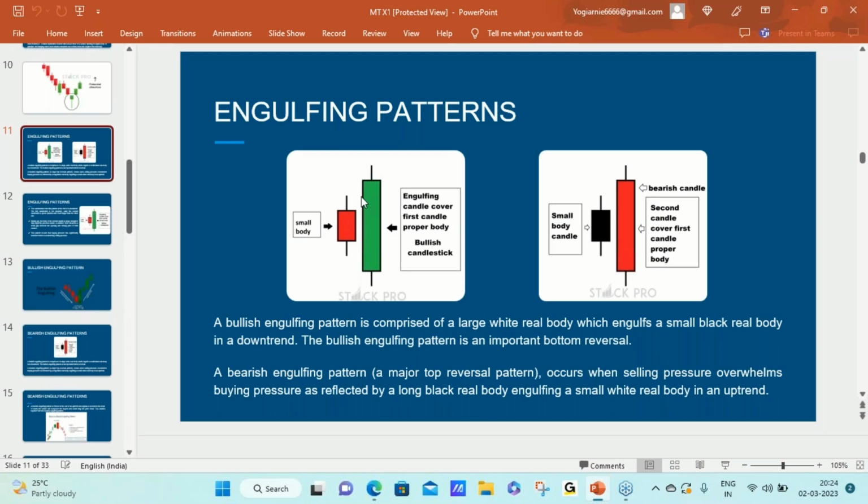Second point: bullish engulfing is very similar to bullish hammer in terms of prerequisite as well as functionality.